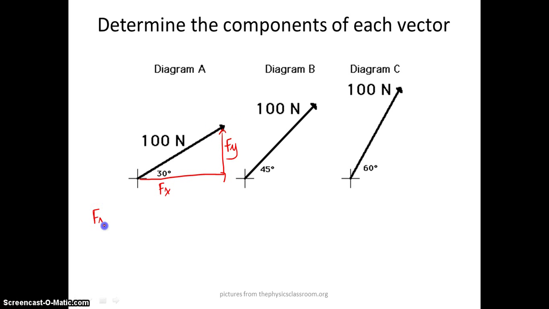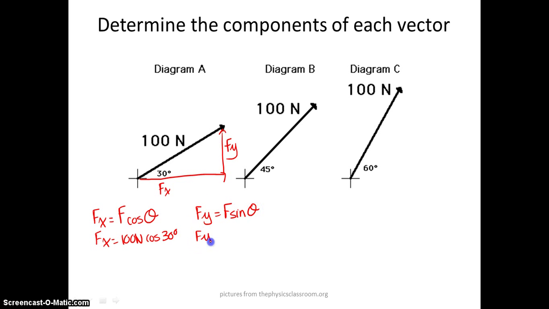Okay, well, my x component here is simply F cosine theta, which means that my x component is 100 newtons times the cosine of 30 degrees. My y component is going to be F sine theta.